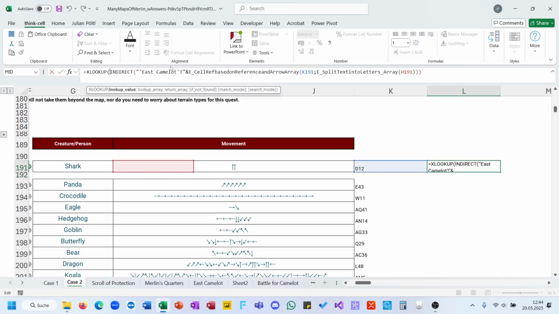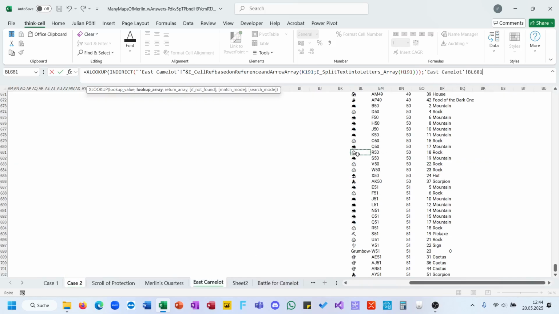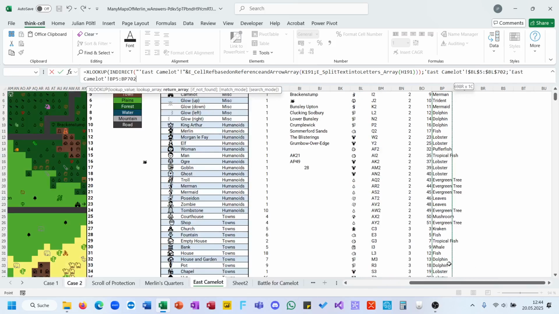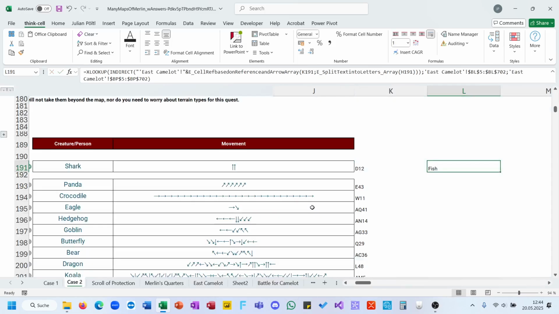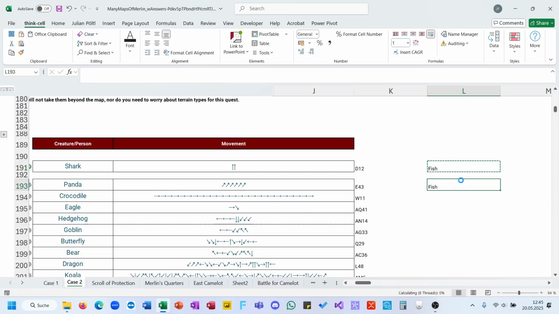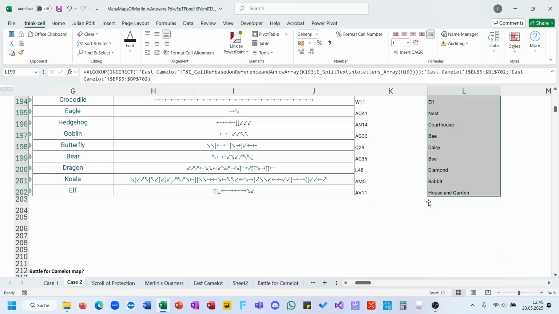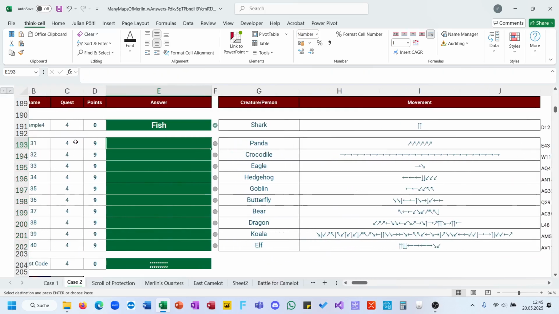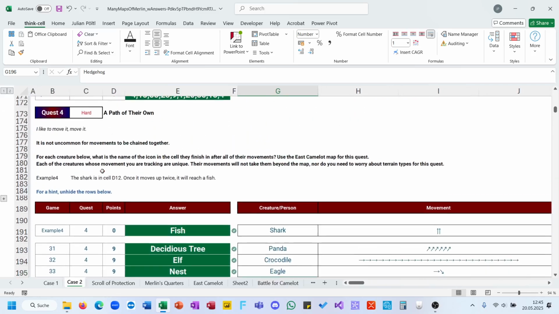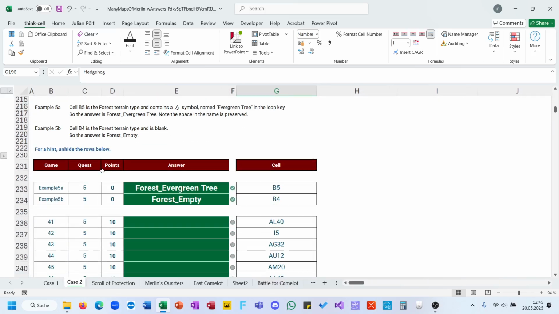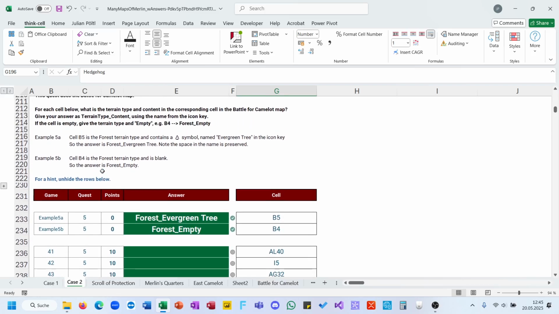And then I need to do an XLOOKUP for this symbol in the flattened map, returning the name. And it's fish. Okay, so far so good. The levels are quite small, so I don't get that many arrows.